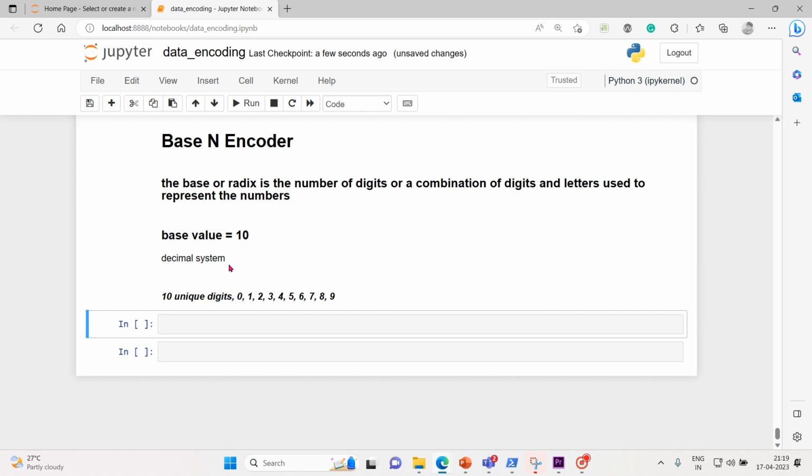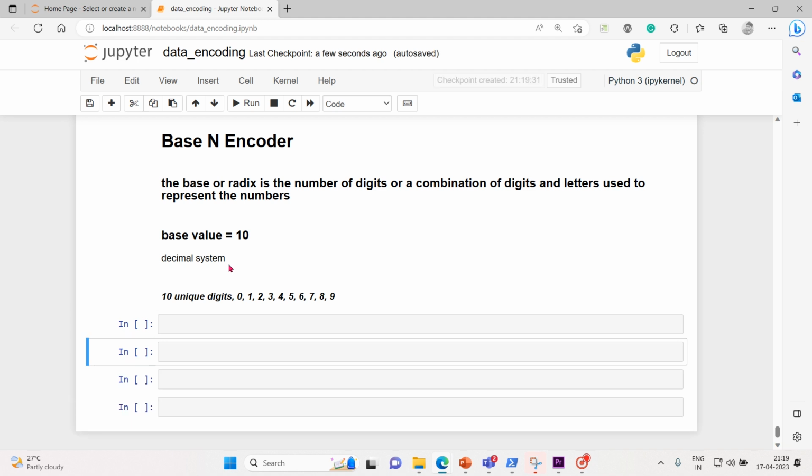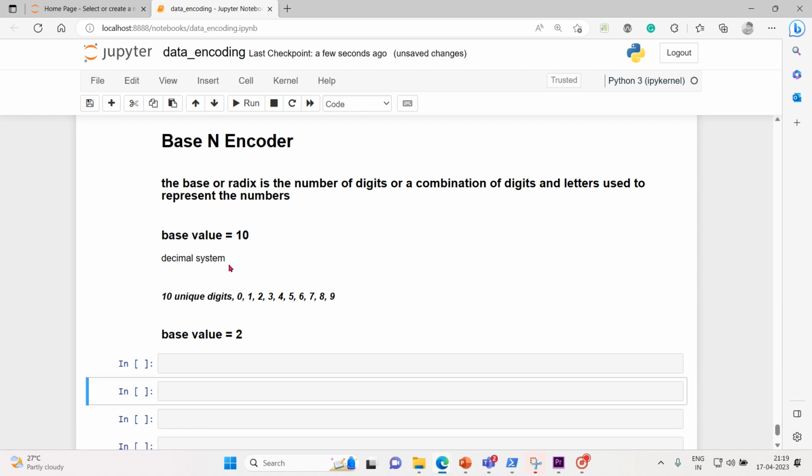Another widely used system is known as the binary system. If the base value is 2, that's called the binary system.